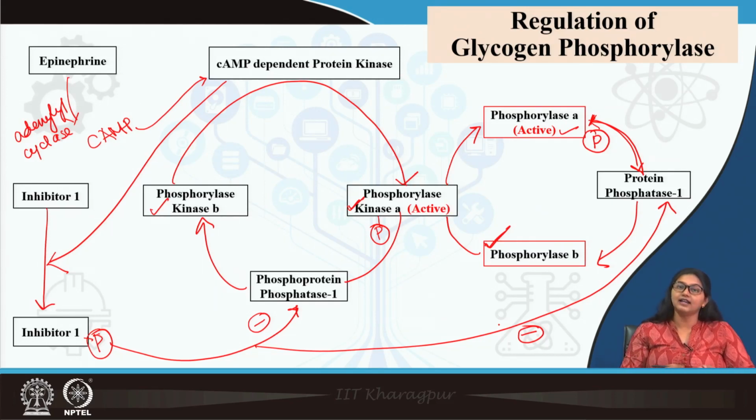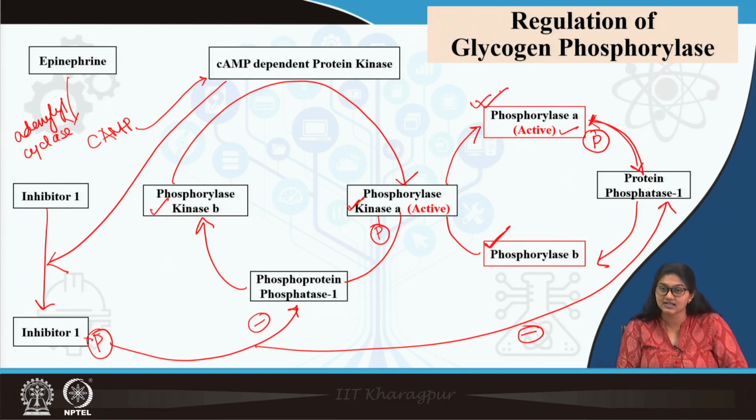So, cyclic AMP dependent protein kinase not only activates phosphorylase kinase, which helps to form the active form of phosphorylase, but also helps to inhibit the degradation of the active forms with the help of inhibitor 1.